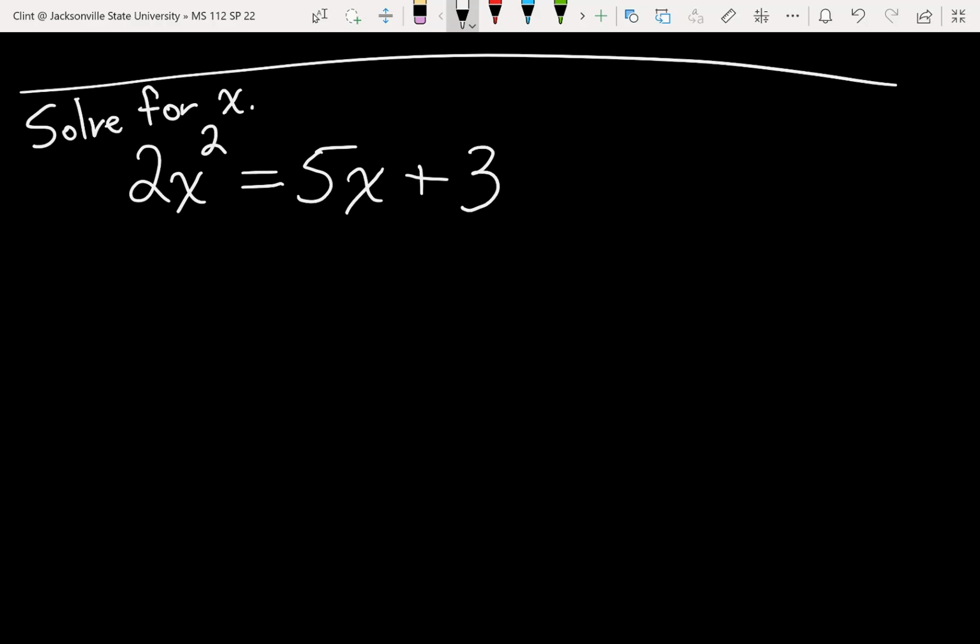This is probably not a prime candidate for completing the square because we've got a 2 in front of the x squared. So probably factoring or the quadratic formula will be the easiest.